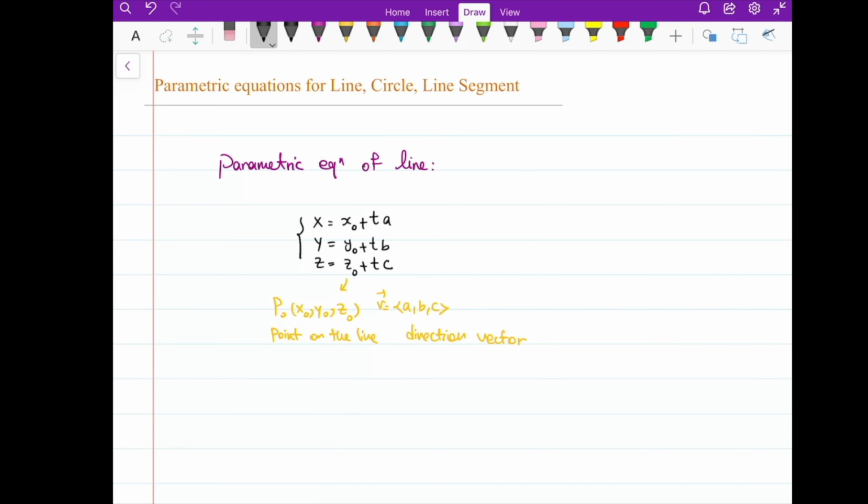As an example, if we have r of t as 3 plus 2t, negative 5 plus t, and 10 minus 7t, where t is in R, then this is the x component, this is the y component, and this is the third component or z component of the parametric equation of the line. So we parameterize our line like this, and this would be our parameterization for the line.